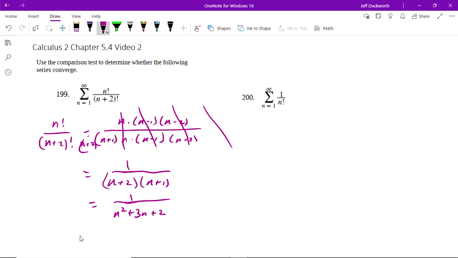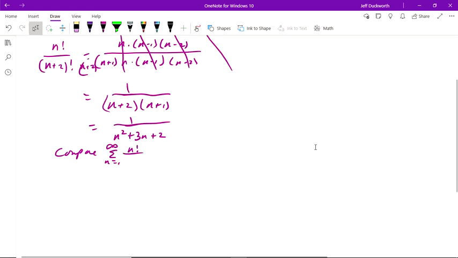So let's compare that. That equals this 1 over n squared plus 3n plus 2, right?